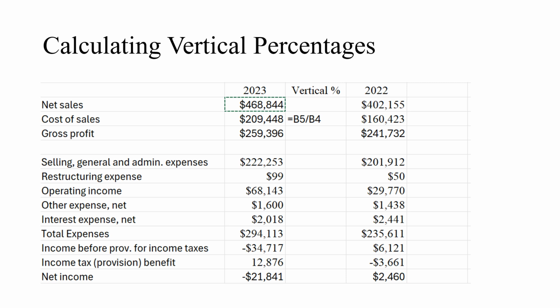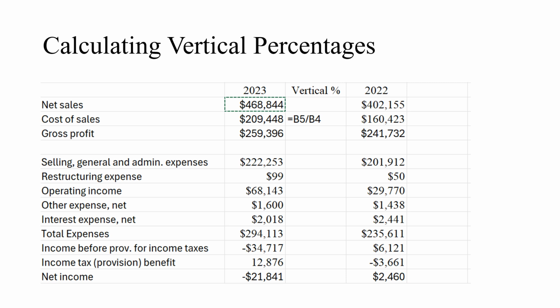And of course, you then go on the box that you want to put this percentage in, and you first start by putting in the equal sign. This indicates to Excel that you are building a formula. So you put in the equal sign, and then you put in the algebraic formula for making the calculation.